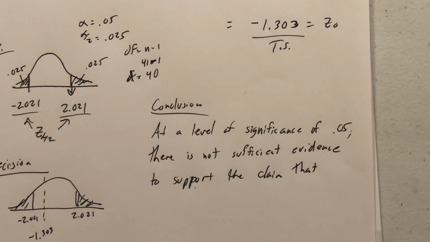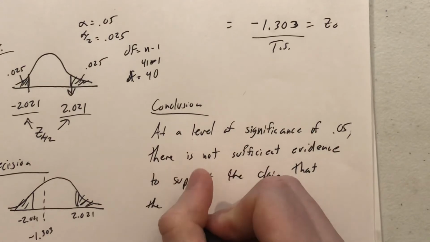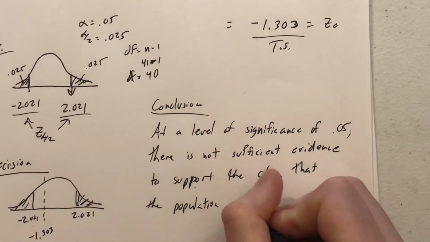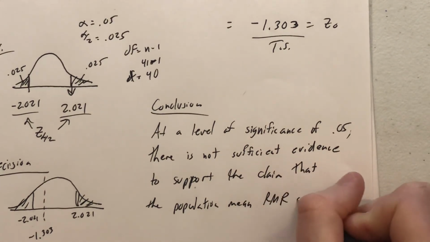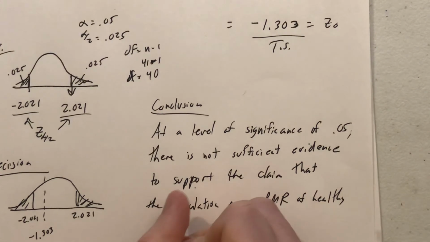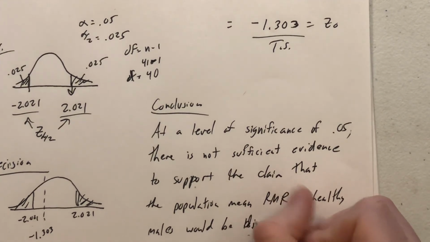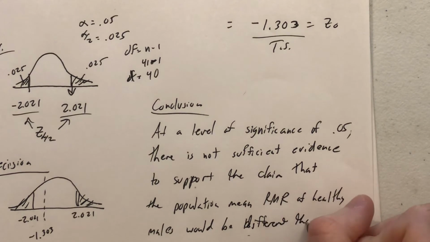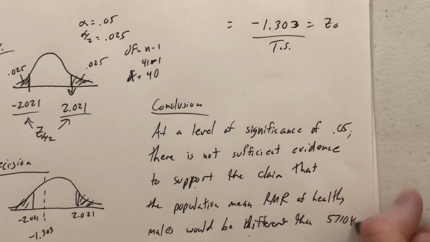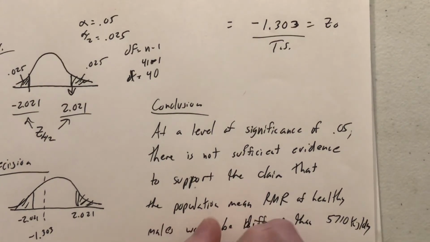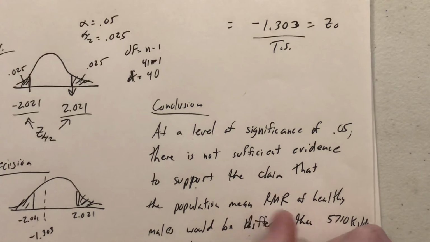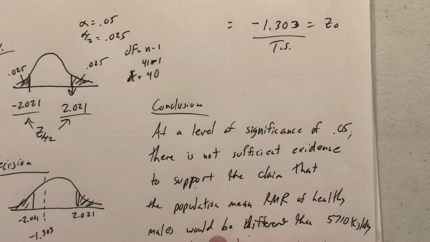Our claim was that the population mean RMR of healthy males would be different, actually, not less than, would be different than 5710 kilojoules per day when listening to calm classical music.